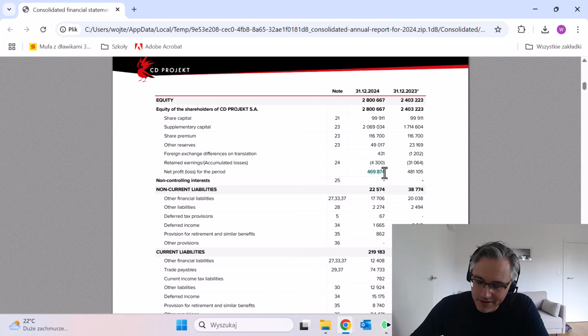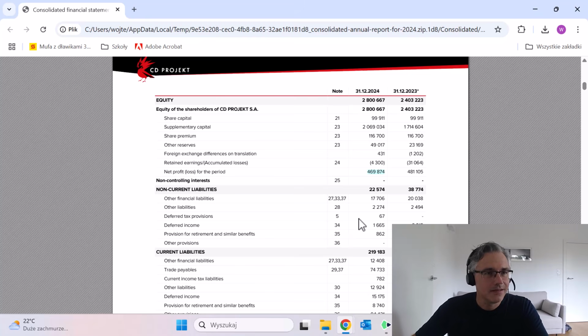And just take a look at this profit, 469,874. This is in thousands. It's also in the Polish currency, so this is 469,874,000 Polish zloty. That's the Polish currency.